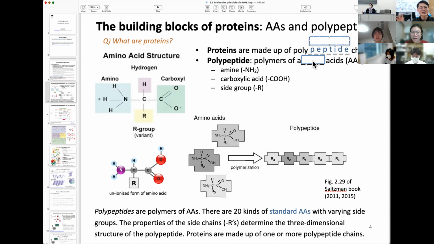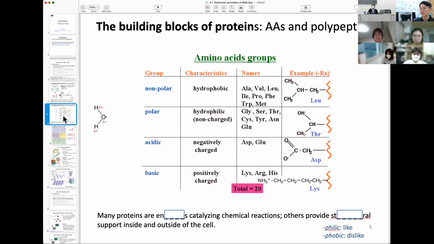You have to turn on. Amino acid. Exactly. Nice. So we already know the amino acid structure, which is a central carbon with hydrogen, and amino and carboxylic groups. And this R group determines the 20 different kinds of amino acid. So, okay, I think that's good to go through.